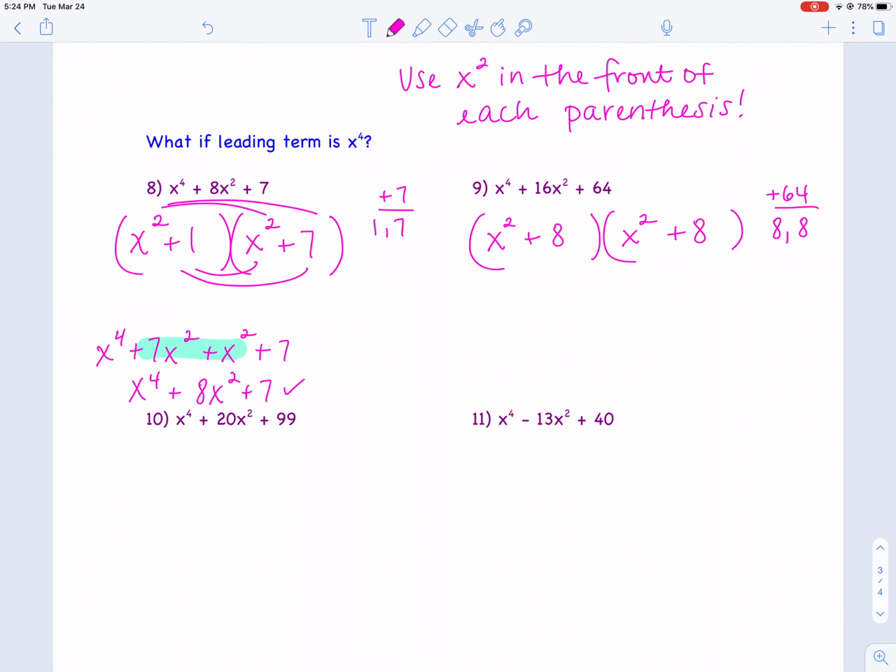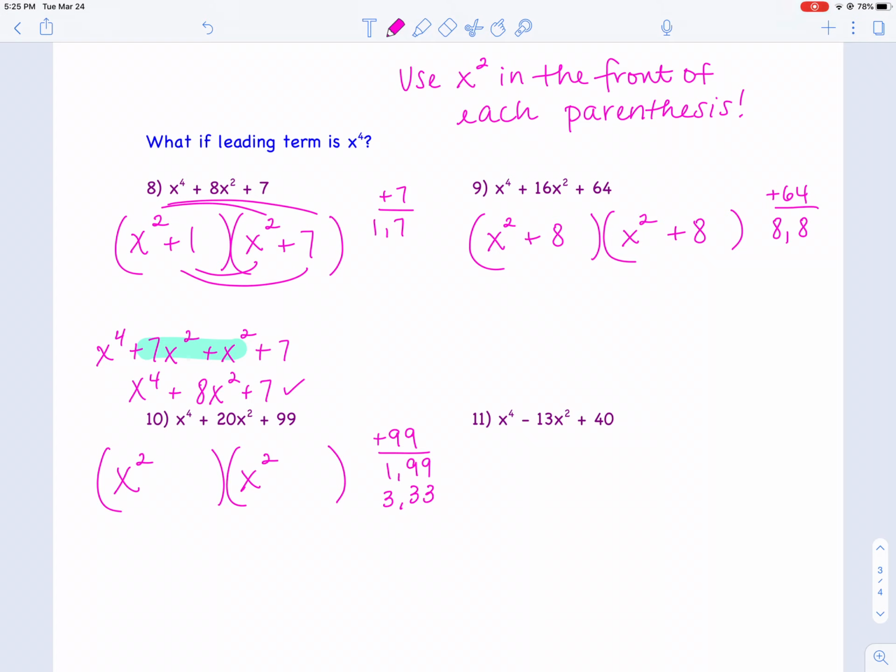Okay. Look at your next one. A little bit of a bigger number. Okay, you have that x to the 4th, so I'm putting x squared and x squared. You have a positive 99 out front. Name some numbers that multiply to 99. I mean, you could say 1 and 99. You could say 3 and 33. Do either of those add to 20?